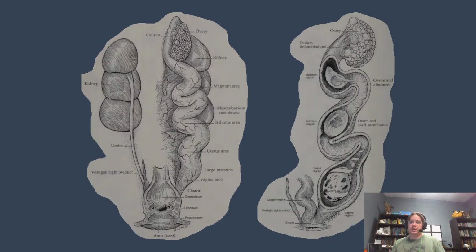It's a trait that is an evolutionary remnant, something from the past. It just has a little trace left behind, and so that's what you see here. This vestigial right oviduct. There would never be an egg laid that moved through that oviduct because it's just this fleshy little vestigial remnant.